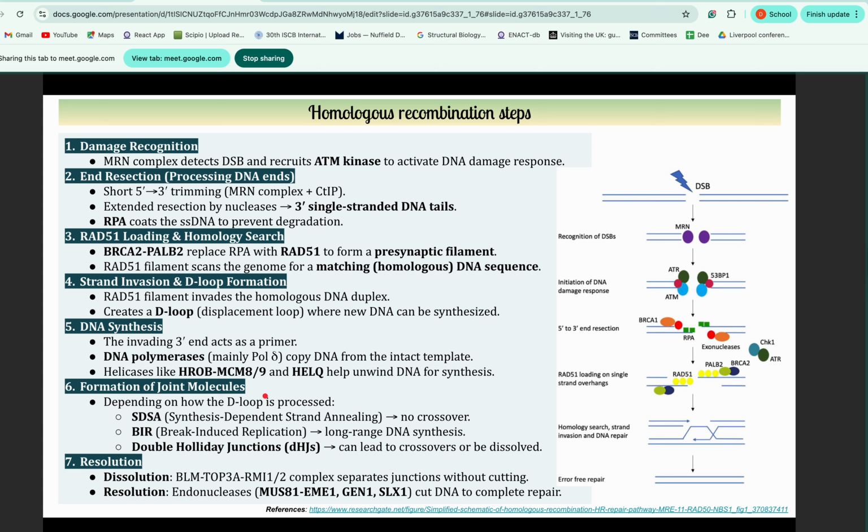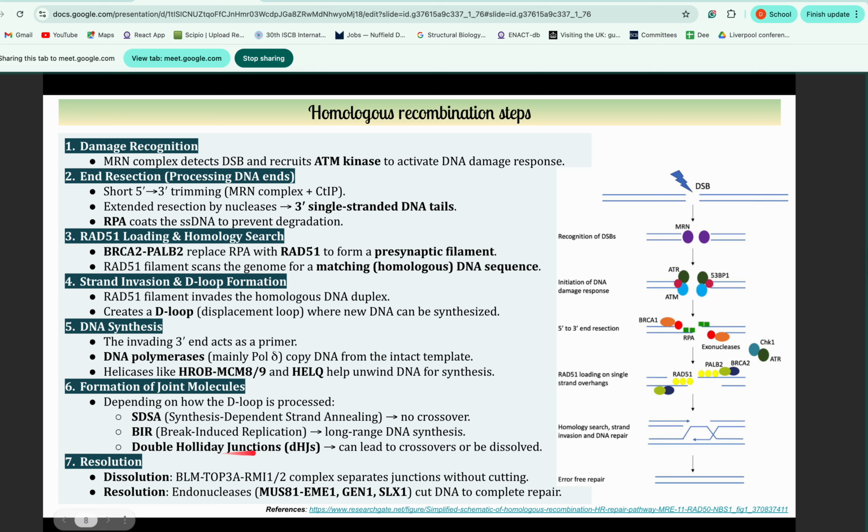Now, formation of joint molecules. So after the synthesis takes place, the formation of joint molecules will happen, which later need to be separated. So now different complexes could be formed. One is SDSA, which is synthesis dependent strand annealing, in which no crossovers are formed. Then comes BIR, which is break induced replication, which is long range DNA synthesis.